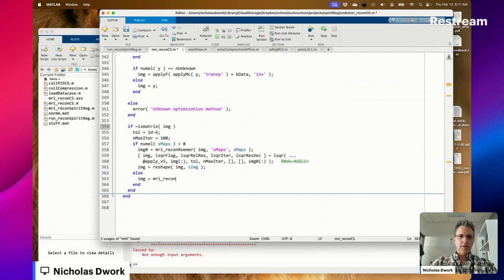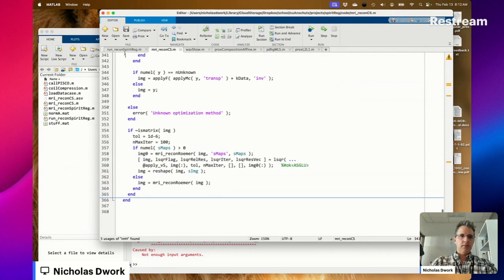So when you don't supply S maps, Recon Roamer finds the S maps using that very simple fast technique. I think this will finally work.